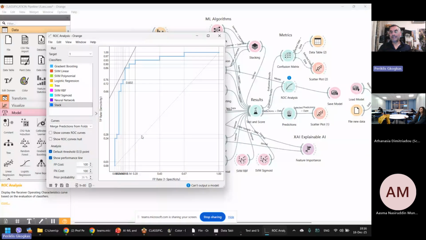So now 20% of my good customers are identified as bad customers. So it's up to me to decide which threshold I'm going to use. Usually, we are fine with a 50% threshold.